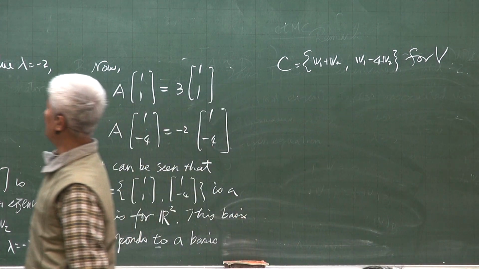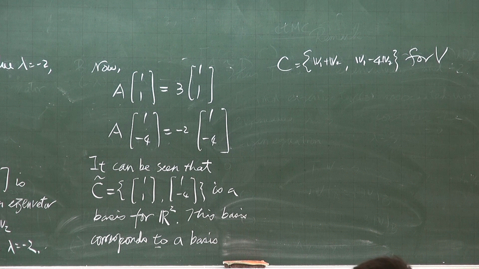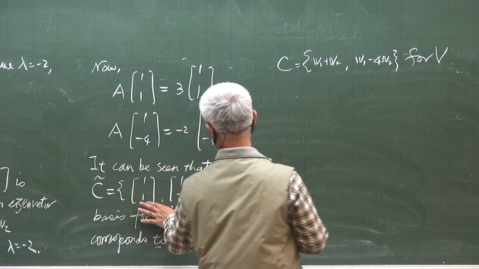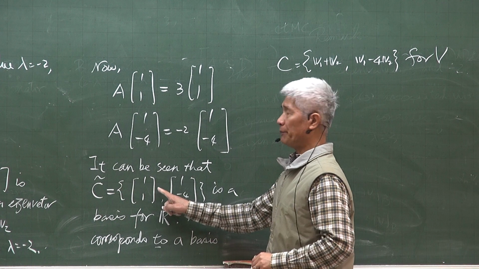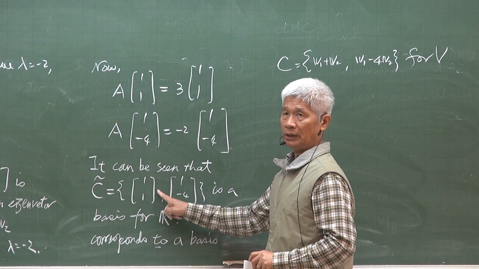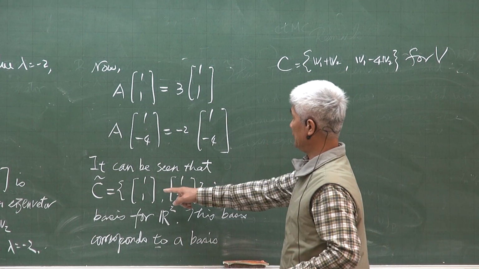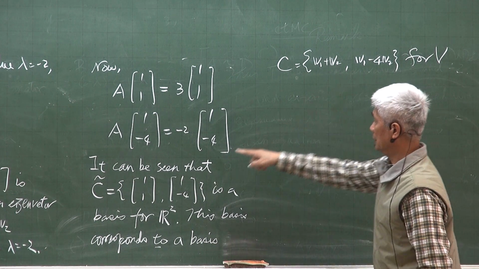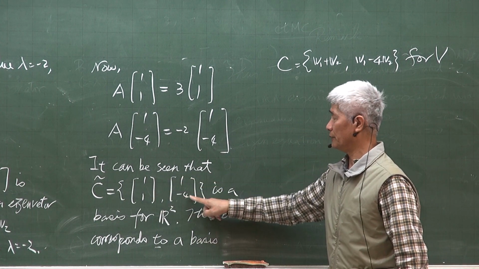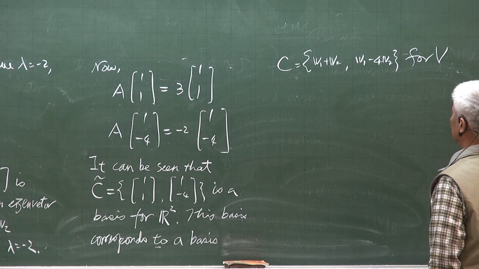So originally, the original basis we chose for B is V1, V2. Okay? And now this basis, because they are B coordinates of vectors, the corresponding vectors V1 plus V2, V1 minus 4 V2 is the basis for V.